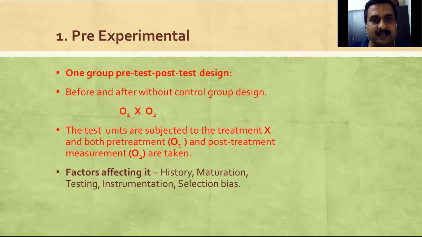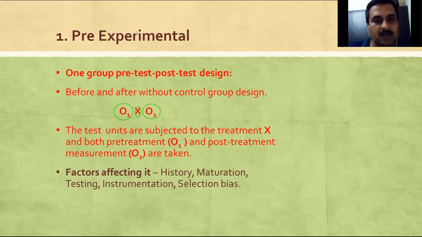So let's take an example. O1 is the observation before the exposure is given, and O2 is the observation after the exposure is given. If we compare this O2 and O1, you'll come to know the exact change which is happening due to this exposure.